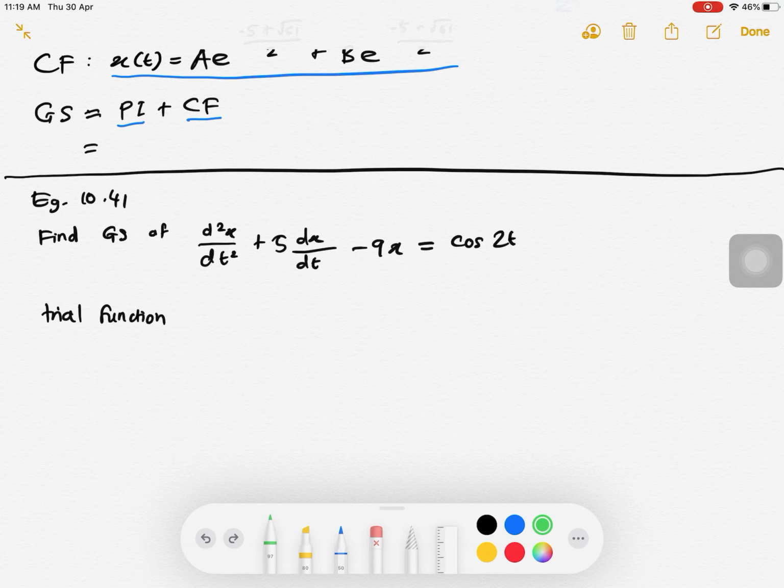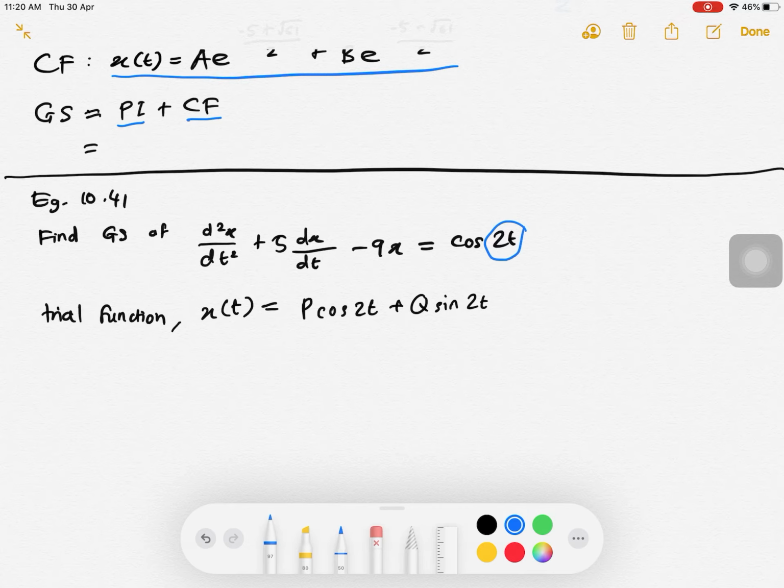So right now we want to find the particular integral. We look at the right hand side, which is cos 2t. Whenever we have a trigonometric function at the right hand side, we can use a trial function, which is like this: p cos 2t plus q sin 2t.